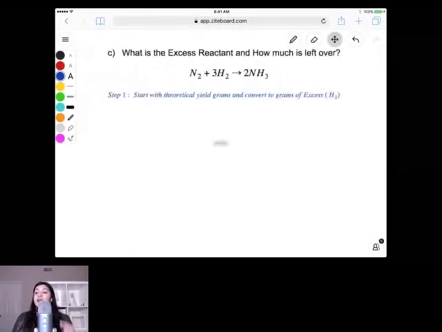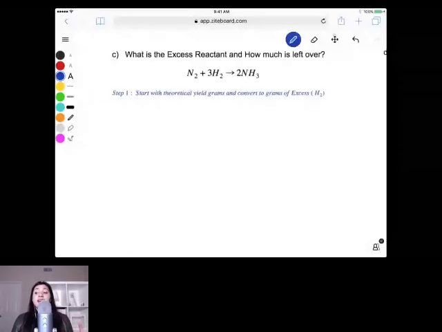All right, so our next part is saying, what is the excess reactant? So remember, the excess is what was left over, right? There's more of it left over. This also asks us how much is left over, meaning the amount. So what I want you to think of is going back to that smoothie analogy.